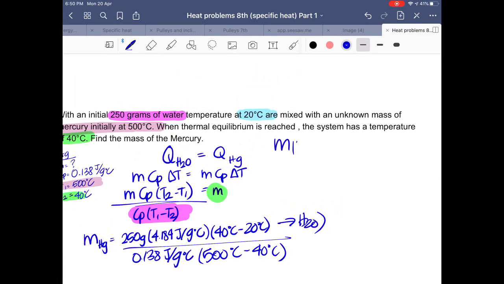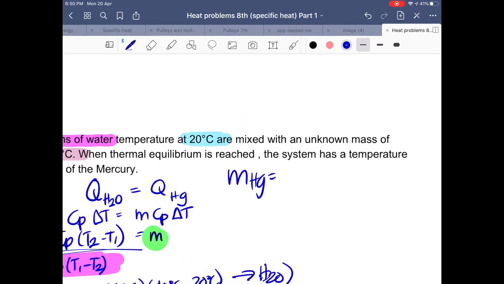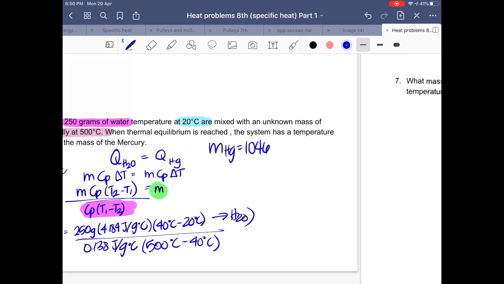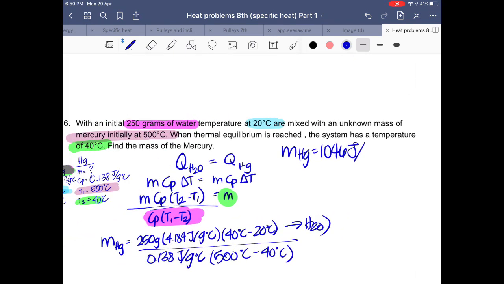So you have mass of mercury equals 250 times 4.184 is 1046 joules over degree Celsius times 20 degrees Celsius divided by 0.138 joules over grams per degree Celsius times 460 degrees Celsius.